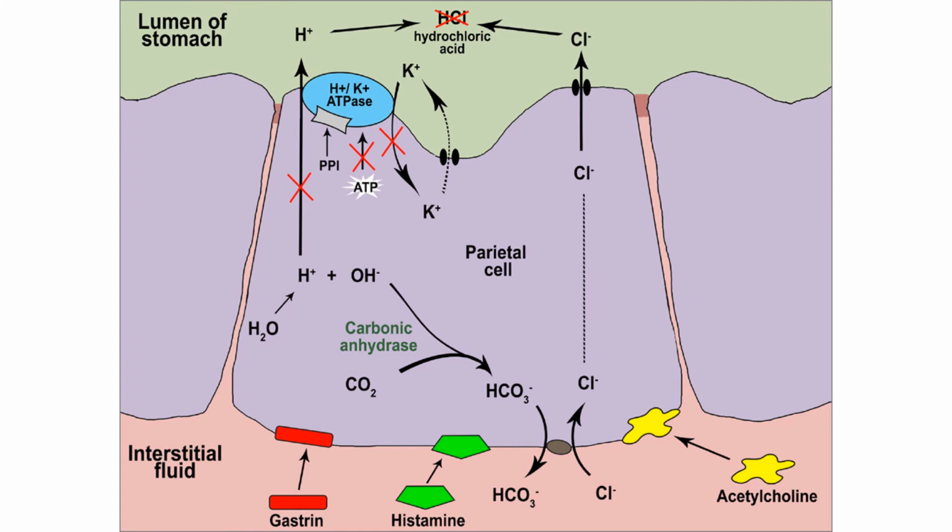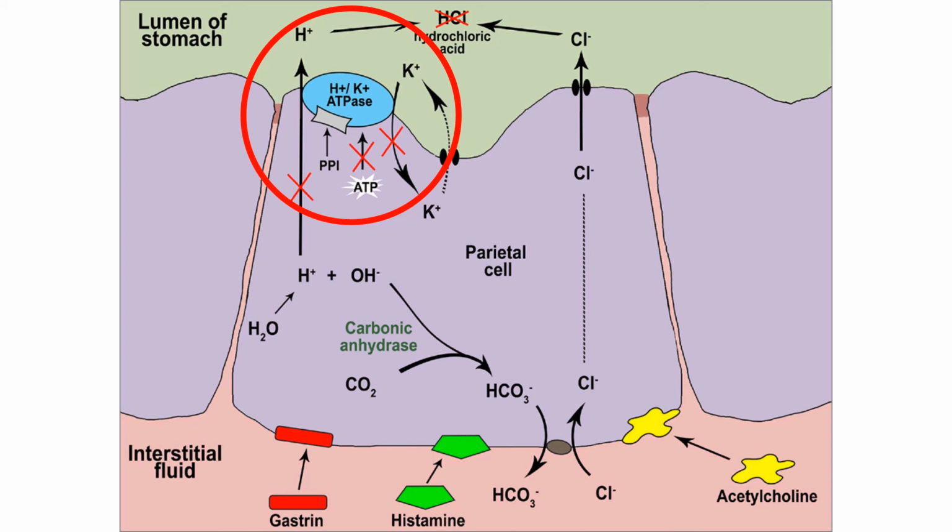Let's look at how these drugs work a little closer. PPIs act on parietal cells. It's actually a lot simpler than it looks. So you can see a special pump inside the cell, which is what we call, more colloquially, the proton pump. You can see it's pumping out these hydrogen ions, which are also called protons, into the lumen of the stomach, and this is what's making it more acidic.